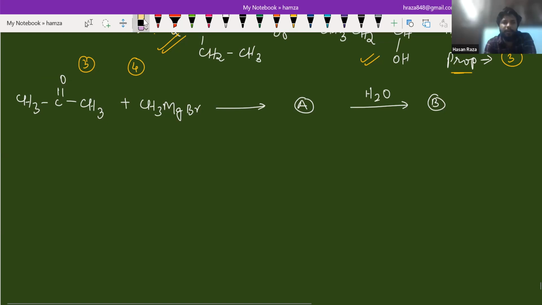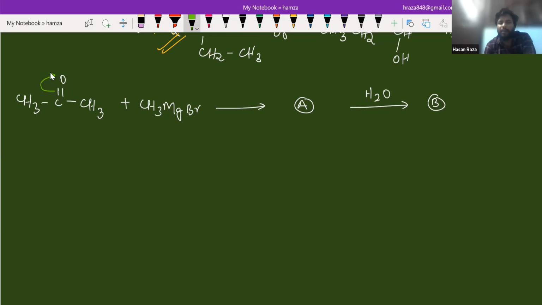See, I'm going to explain, and it's very simple. When I explain, it looks very simple, but when you attempt it, it's very tough, right? See, oxygen is a very electronegative element, so it will attract electrons. Go step by step and you will definitely get your answer. If it withdraws electron from carbon, what charge will carbon have? Delta positive, and oxygen delta negative, yes or no?